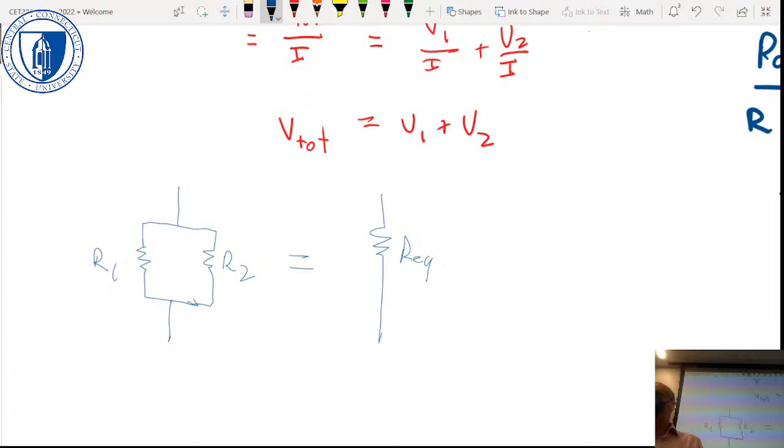The numerator was R2, the resistor that we were measuring the voltage across. Voltage dividers, current dividers.